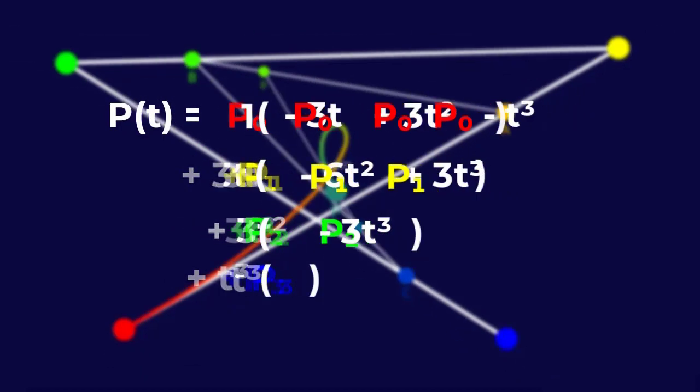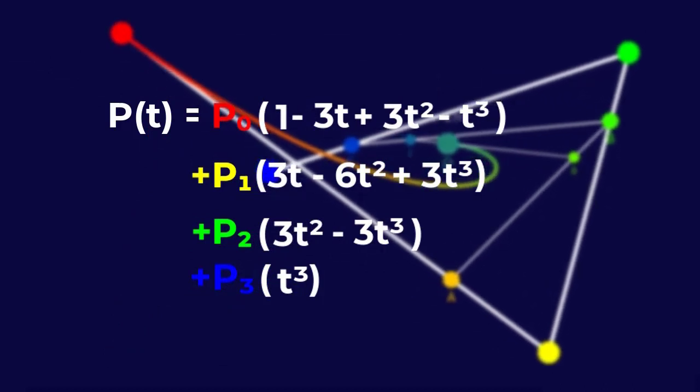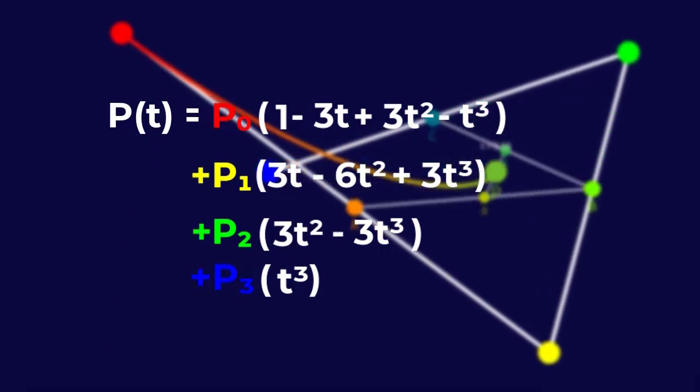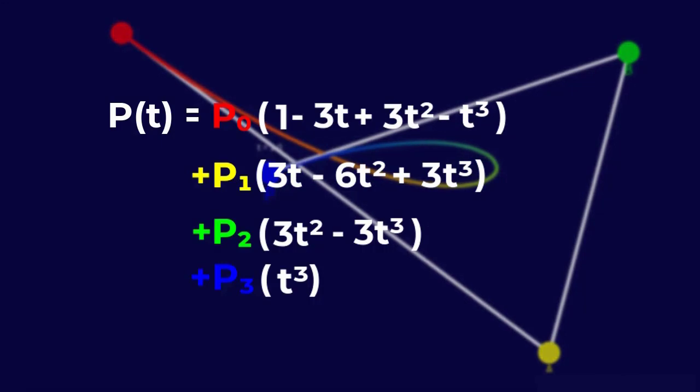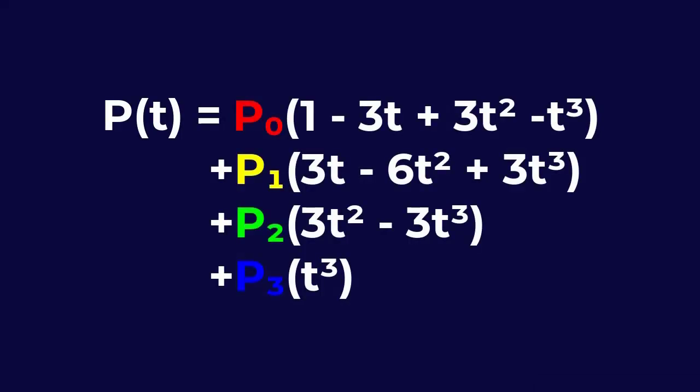We'll end up with a complex equation which we'll simplify by taking common factors of P0, P1, P2 and P3. The final equation we arrive at is a cubic polynomial that represents the position of P. It can be written as shown. This equation defines the path of P as t varies from 0 to 1, creating a beautiful cubic Bezier curve.